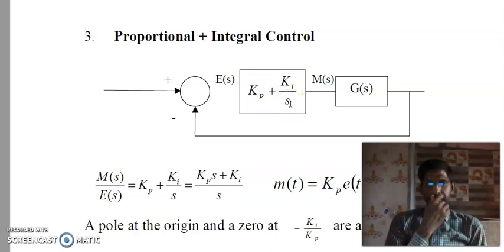What would be the output for this? M of S divided by E of S equals Kp plus Ki by S. You can derive this as Kp into S plus Ki, all divided by S. If you convert from the S domain to the time domain, M of t equals Kp into E of t plus integral of Ki into E of t into dt.